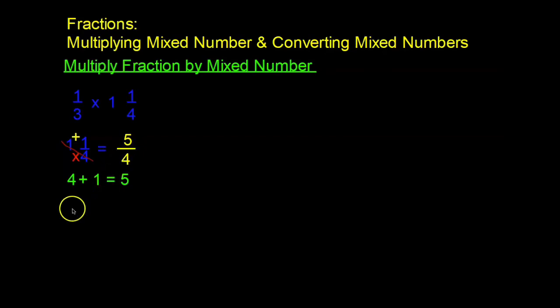Now we will rewrite this problem as 1/3, because we did not need to change that, times 5/4. And then we will simply multiply numerator times numerator. 1 times 5 is 5. Denominator times denominator, 3 times 4 is 12. And that will give us 5/12.